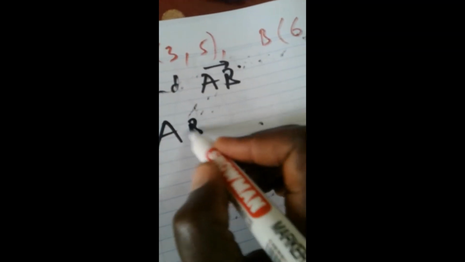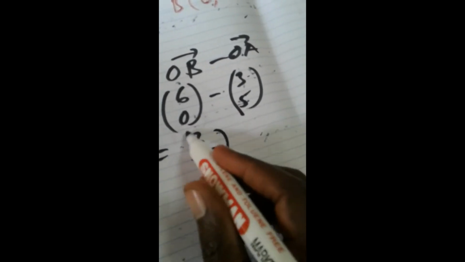Therefore, to get the position vector of AB, you get OB, which is the position vector of B, minus OA, which is the position vector of A. And OB will be (6, 0) minus (3, 5). And you subtract as usual, you get 6 minus 3, 3, 0 minus 5, negative 5. That is the vector AB.